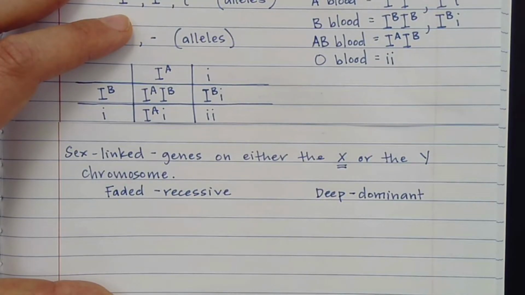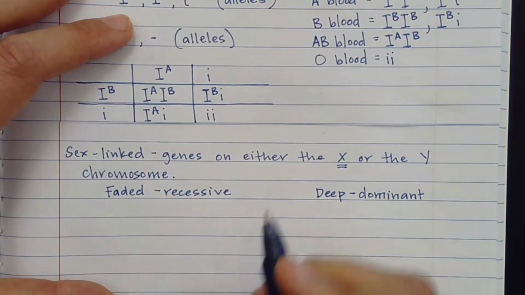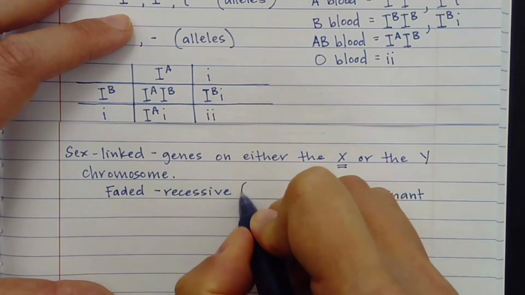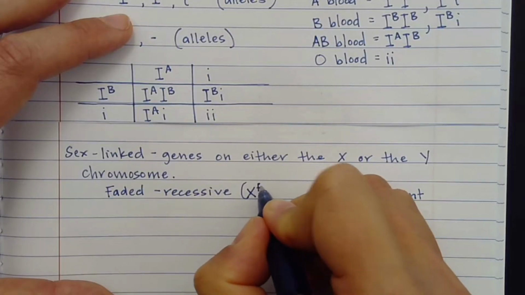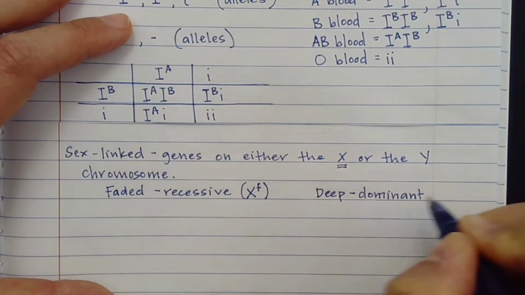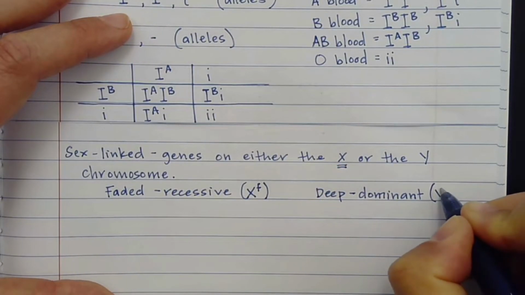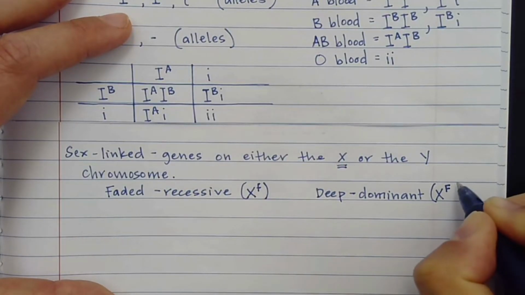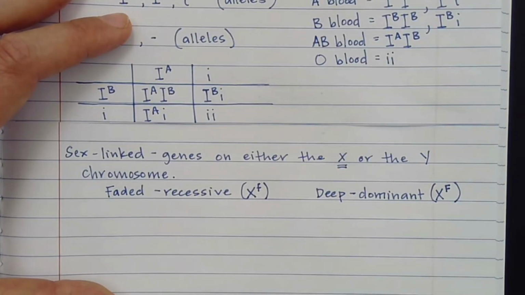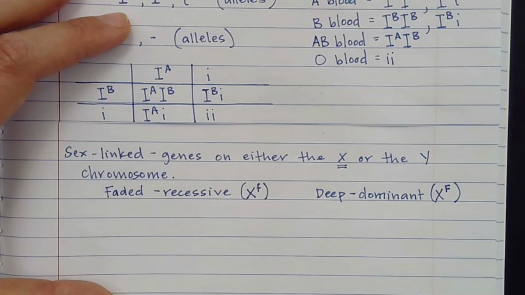So because these are on the X chromosome, we're going to write these with an X chromosome, and then we'll do little f for faded. So dominant people could have X, big F. All right, so let's do a cross where we talk about how this works.